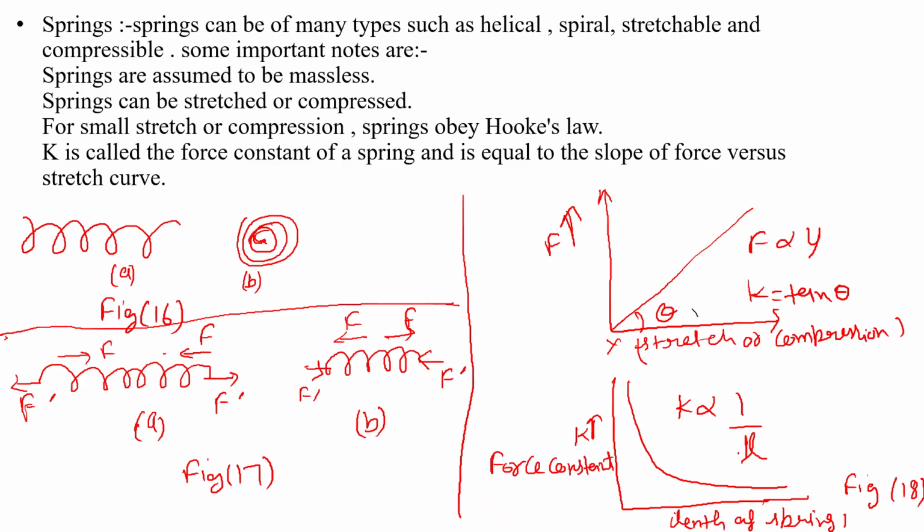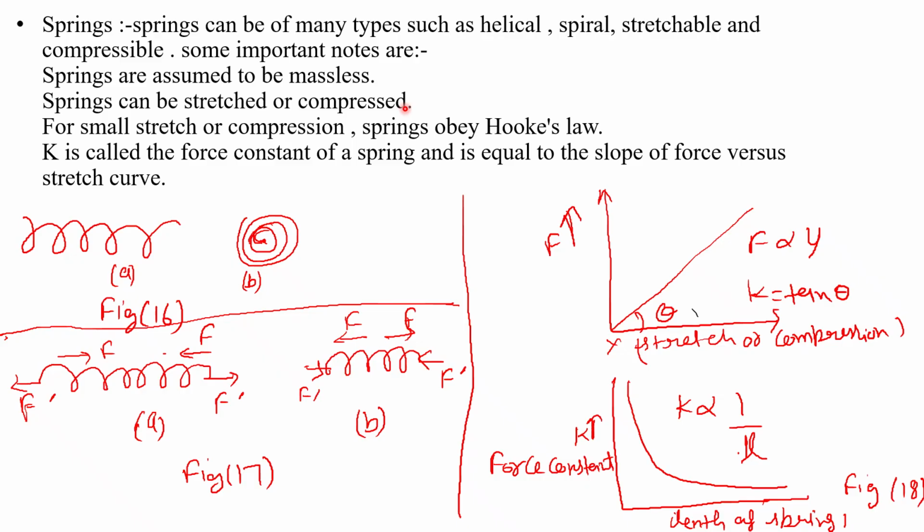Now we discuss springs. Springs can be of many types such as helical and spirals, and are stretchable or compressible. Some important points are: springs are assumed to be massless.